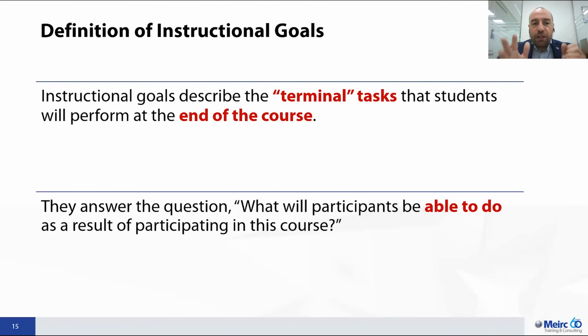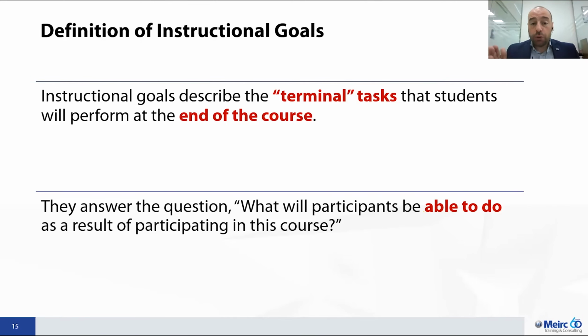So by the end of the course, there should be instructional goals that support the performance objectives, but they are not the performance objectives. And as a matter of fact, they answer a very simple question. What will the participants be able to do as a result of participating in this course? All right?